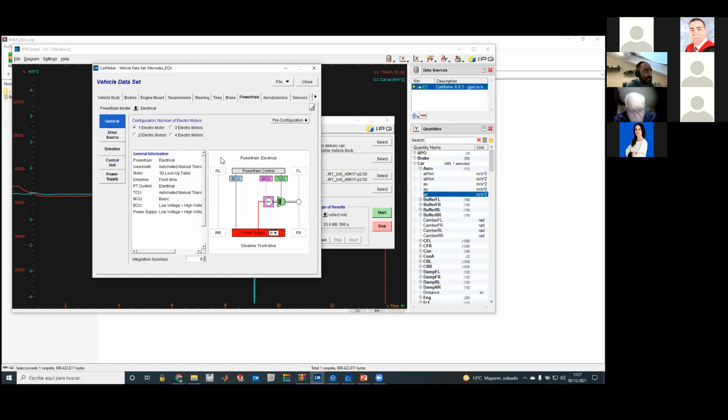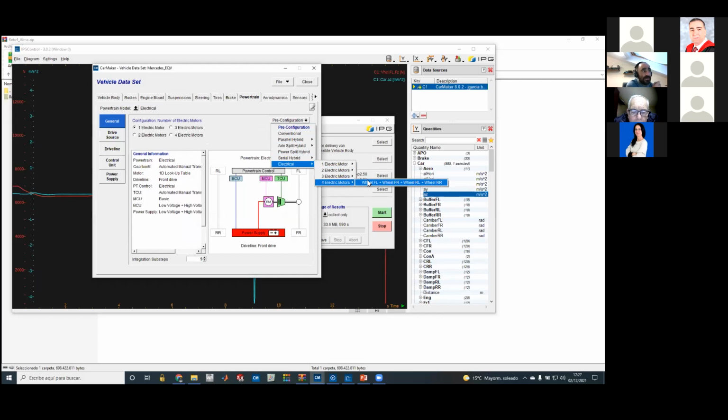In the powertrain, in this software, you can go for any kind of configuration, from internal combustion engines to hybrid or pure electrical.